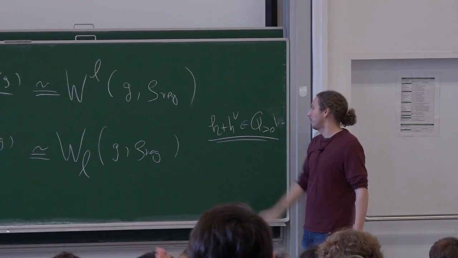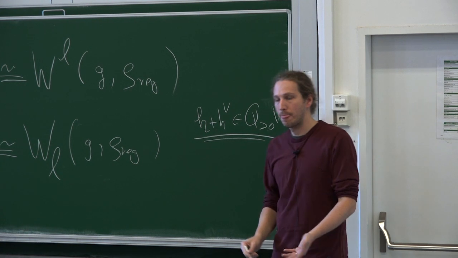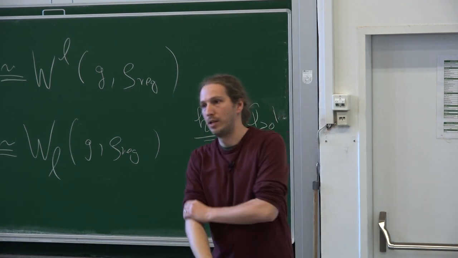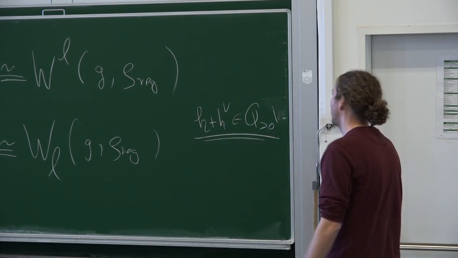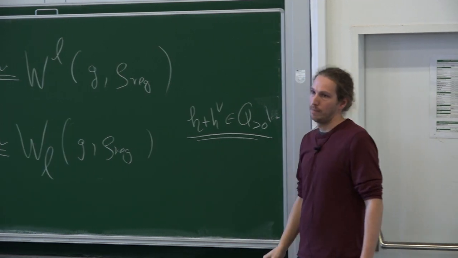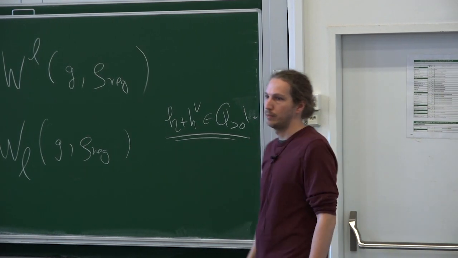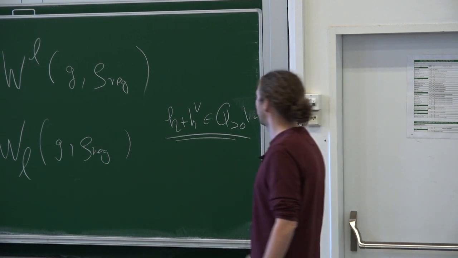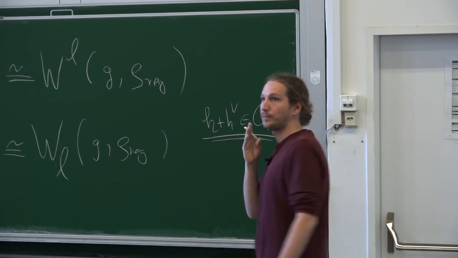Essentially, you write k plus h check as a positive rational number, and the numerator has to be at least the dual Coxeter number for this to be an admissible level. That's the condition here. Okay.